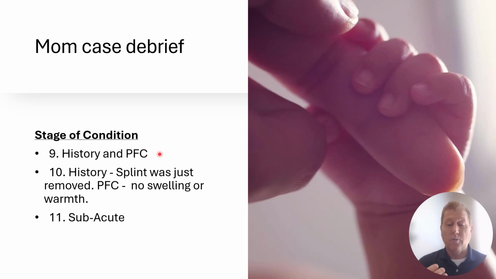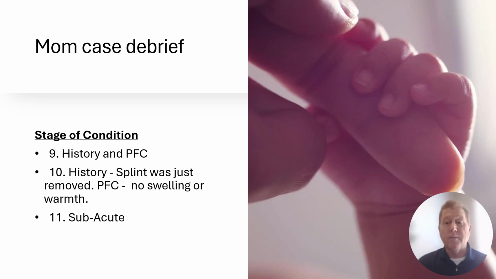So we're looking for warmth, we're looking for redness, we're looking for soft tissue edema or joint effusion. So here's our history piece. The splint was just removed, so palpation for a condition says there's no swelling, there's no warmth, therefore they are truly in the subacute condition. Helps us understand their stage as well as their time from the injury.